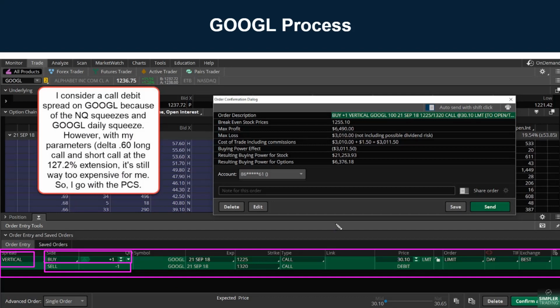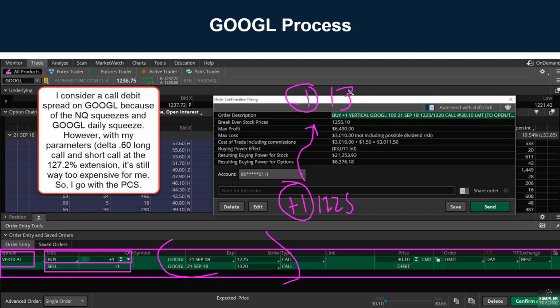If it is a call debit spread, then it would look something like this, where you're buying the long option right here. This is the long option. And then up at a higher strike price, you are going to be selling an option.